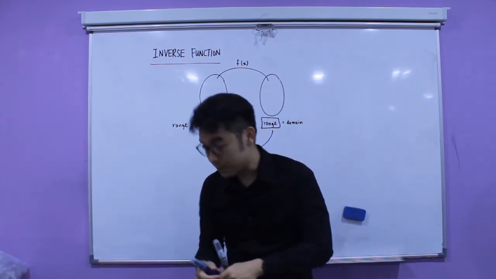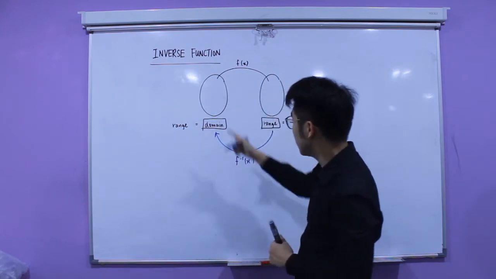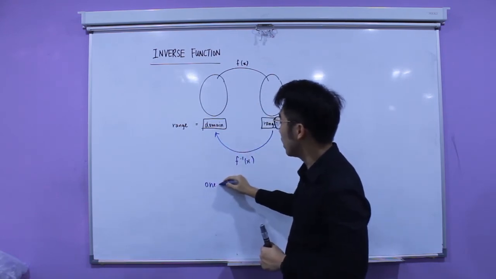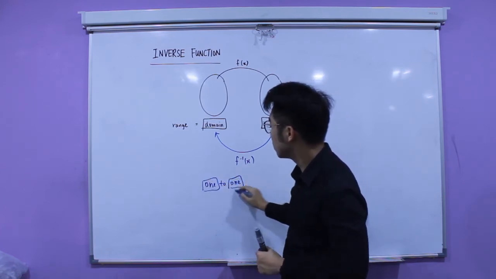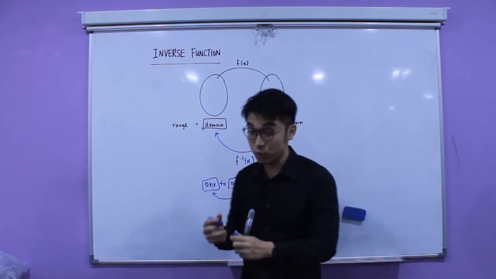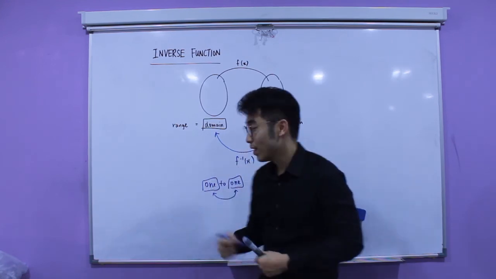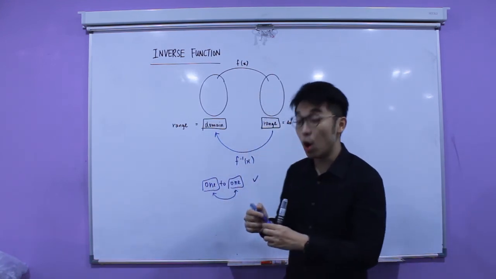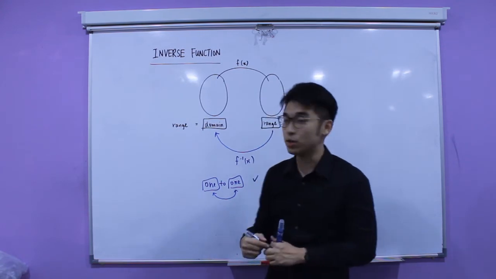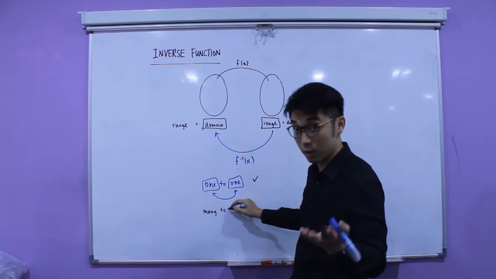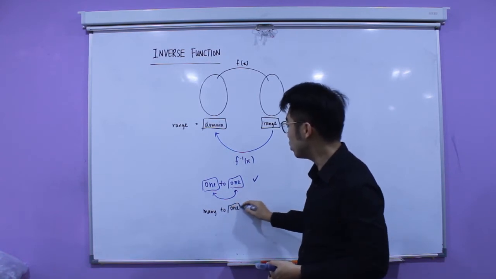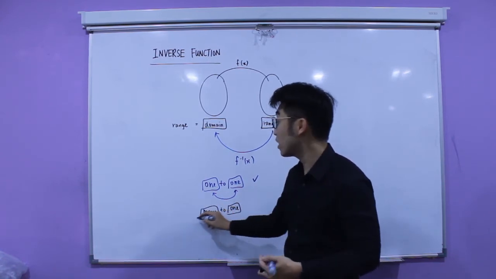So for inverse, this is how it works. From one-to-one, even if you inverse this, even if you swap it around, it will still be considered a one-to-one function. So a one-to-one function always has an inverse. And what about many-to-one? As I just mentioned, many-to-one is also considered a function, isn't it?